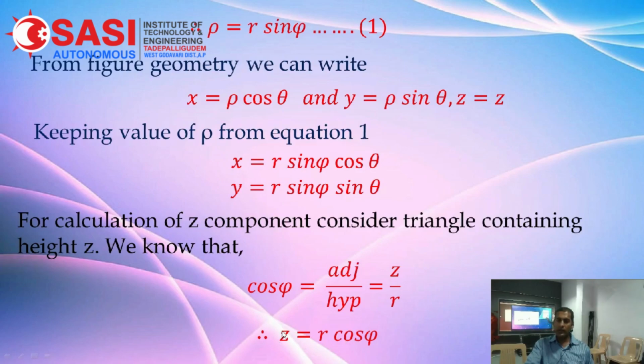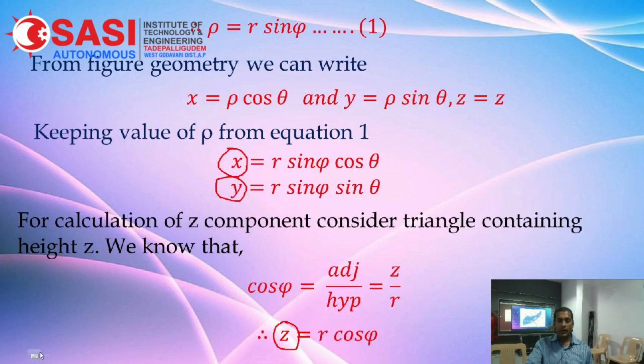So here what we are doing: x, y and z are the components of the Cartesian coordinate system. Say x is Cartesian, y is Cartesian, z is also Cartesian.